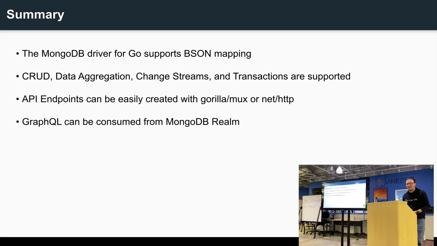Just a summary here. BSON mappings for your data structures are useful. I wouldn't rely strictly on BSON D and things like that. It could get messy, but that's totally up to you. I showed you CRUD, but there are other parts of the MongoDB SDK that you can use as well.